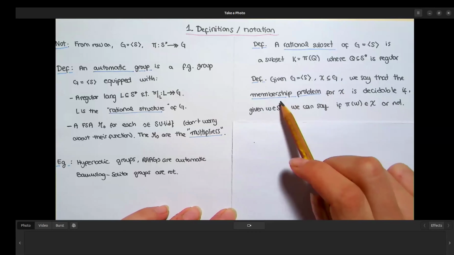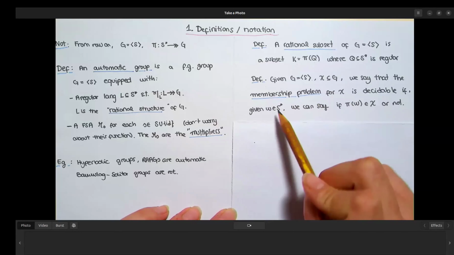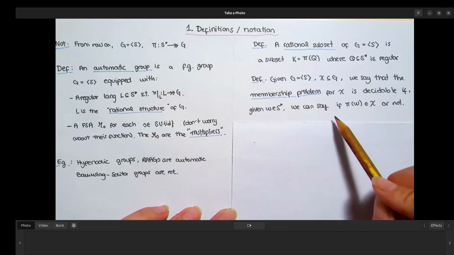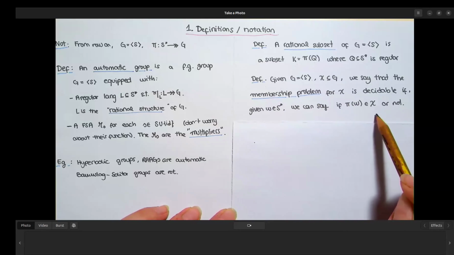And not just for rational subsets, but actually for any subset in a group, we can define the membership problem. We say that the membership problem for a subset of a group is decidable if, when we're given a word over the generators, we can tell whether the word represents an element in the subset or not.